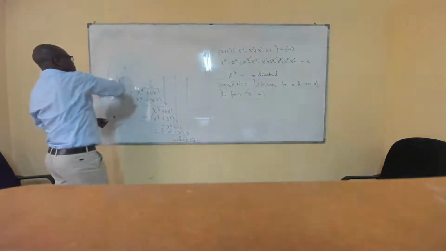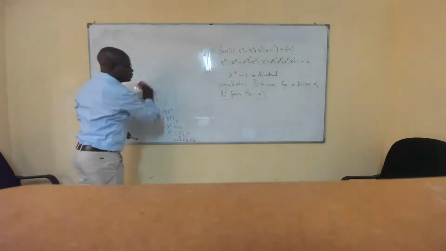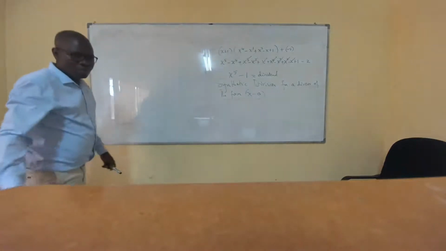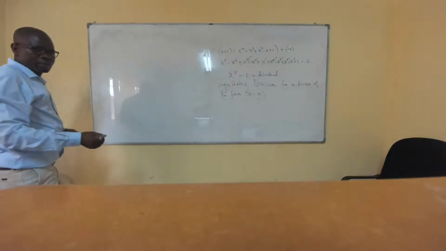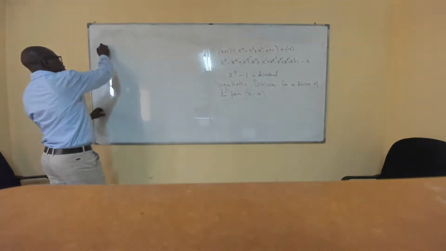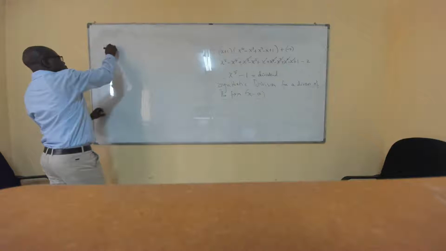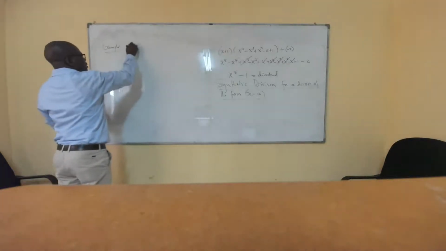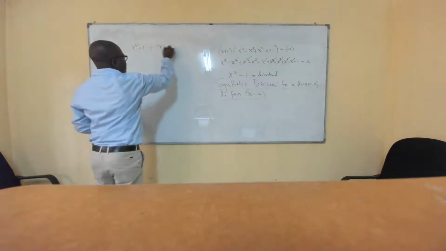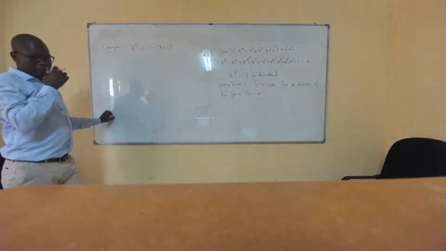So we could use synthetic division to get the same answer. We said, okay, example, x to the power 5 minus 1 divided by this. Let's use synthetic division.